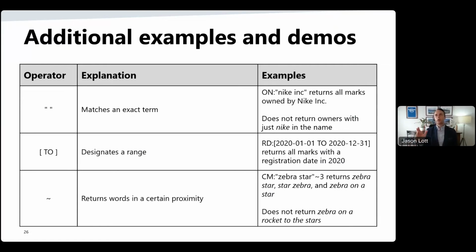I know that Coca-Cola registered a slogan in the years between 1950 and 1970. I don't want to look at any of the modern stuff. I only want to see stuff registered in that range. You can do that, no problem, using the square brackets and the "to." You can see the example on the right-hand side, and RD is the registration date. So you could run a search which is going to find you that.